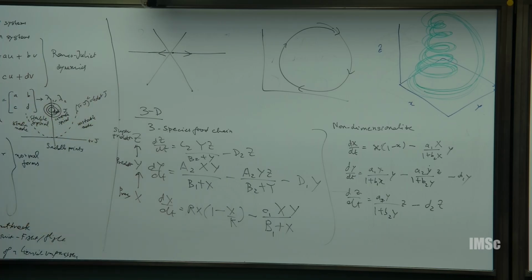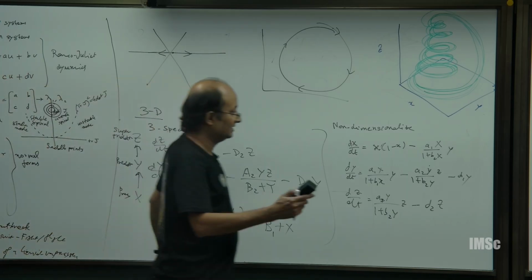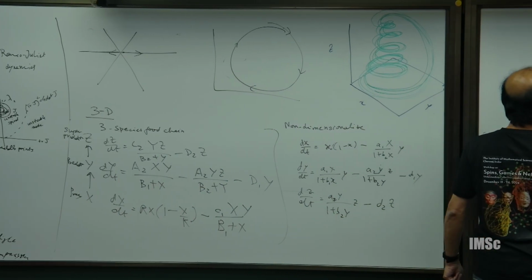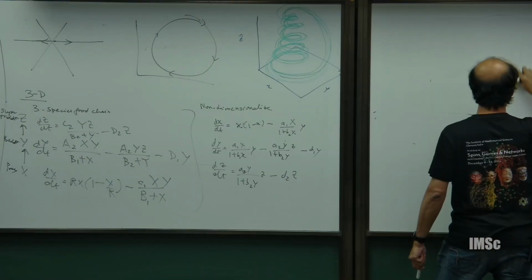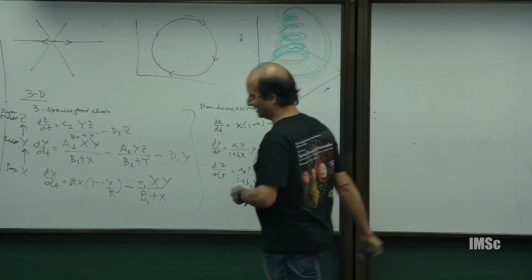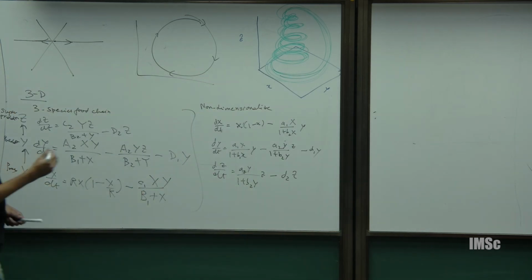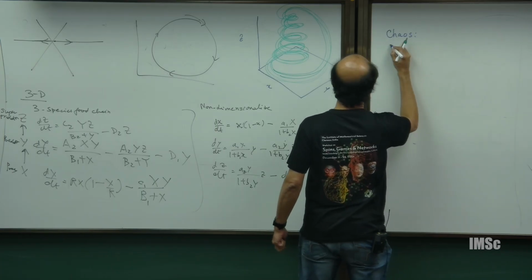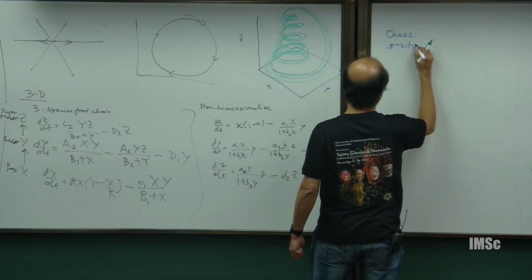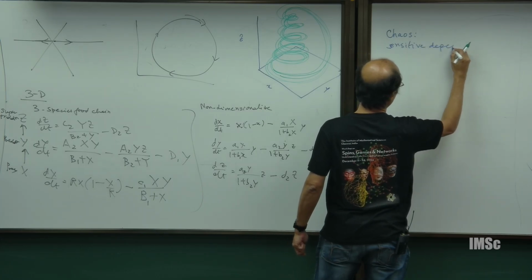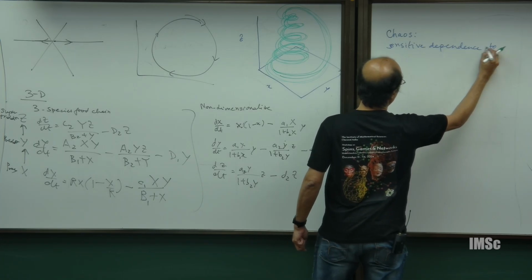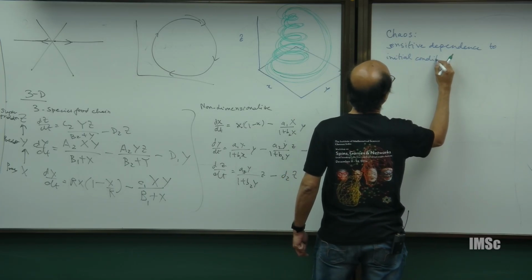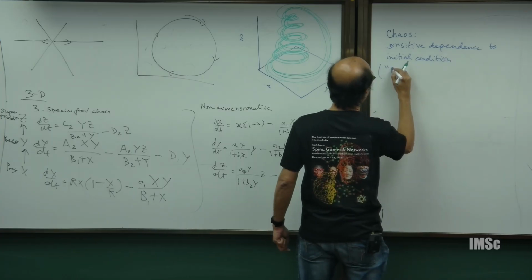You can argue that chaos is a bit like irregularity or unpredictability, but technically what we mean by chaos is sensitive dependence on initial conditions, or the so-called butterfly effect.